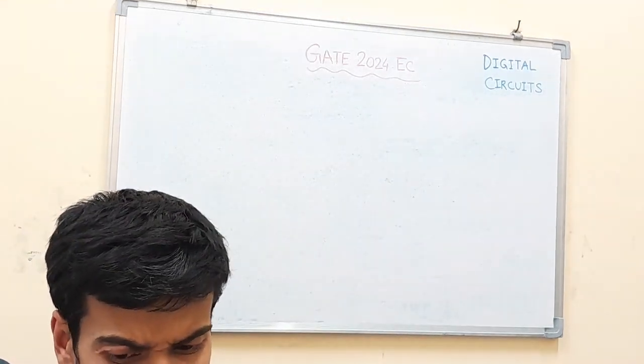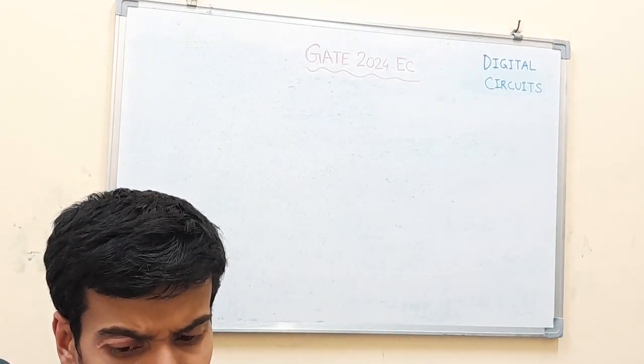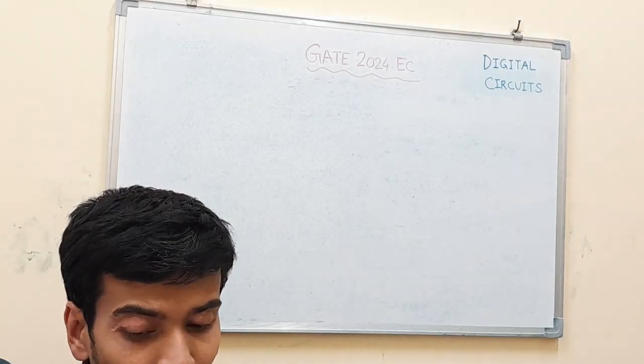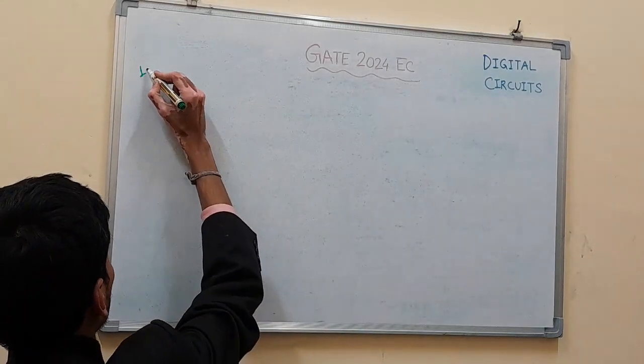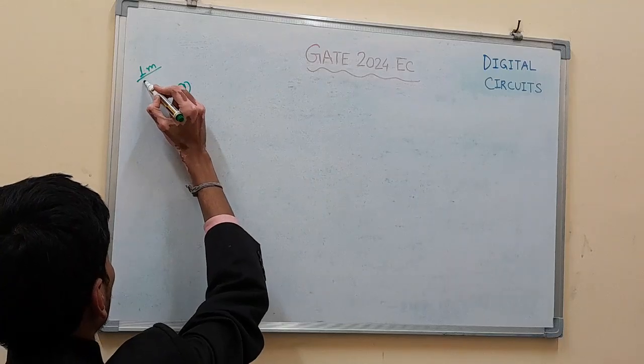From basically Boolean algebra, essential prime implicants, which is as follows. Question number 19, 1 mark and MCQ type.